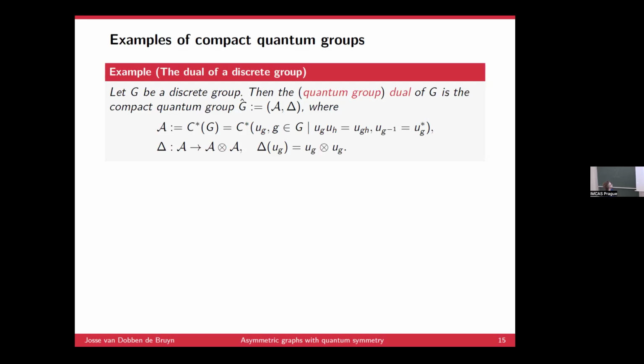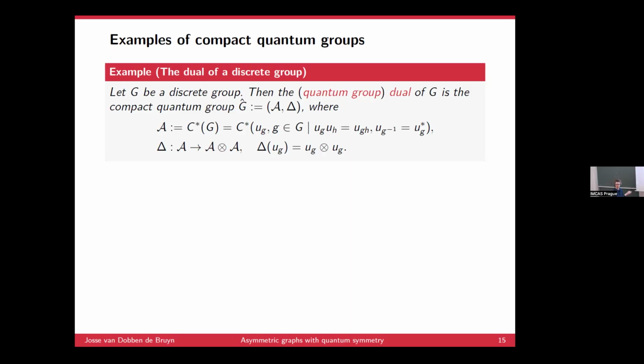So some examples of compact quantum groups. First is the dual of a discrete group. If we have some discrete group G, the quantum group dual of G is the compact quantum group G hat, where the C-star algebra is the group C-star algebra. So it's a C-star algebra generated by unitaries for each element in the group.